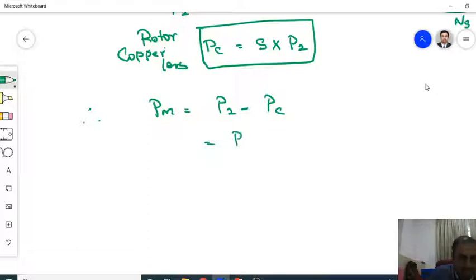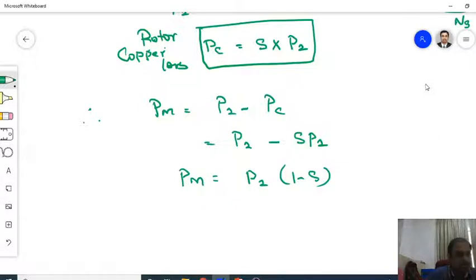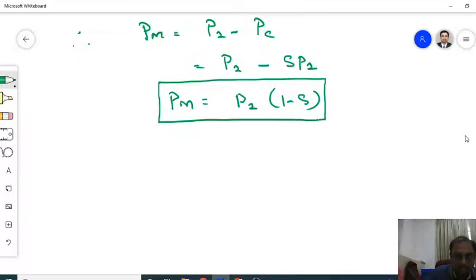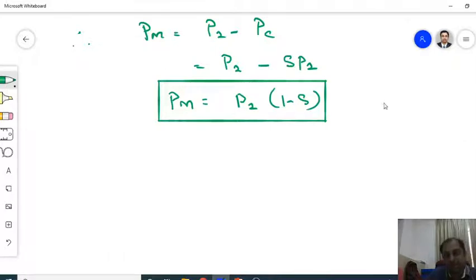Now P2 minus Pc, we know Pc is S into P2, so taking P2 outside, 1 minus S. This is the mechanical power, Pm equal to P2 minus Pc. The gross mechanical power developed is 1 minus S times the rotor input.